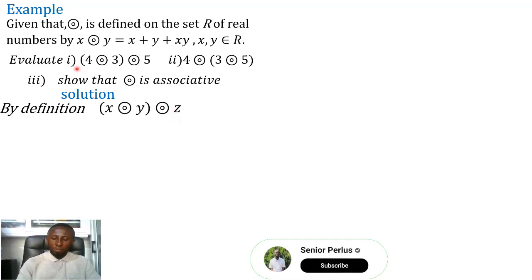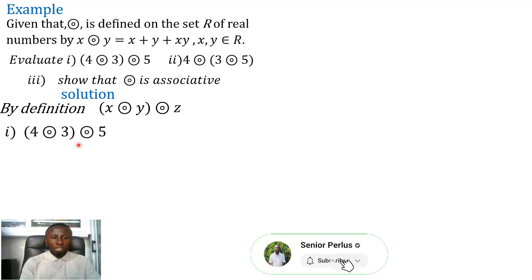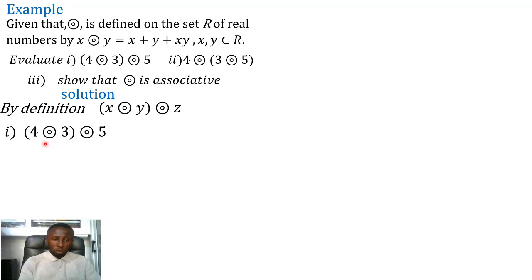Now (4 operation 3) operation 5. Like I said earlier from our diagram, the one in the bracket enters first. So now this is our x, this is our y. Anywhere you see x, just put 4 there. Anywhere you see y, just put 3 there.